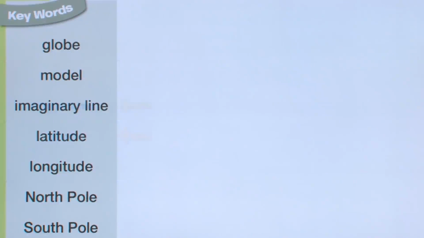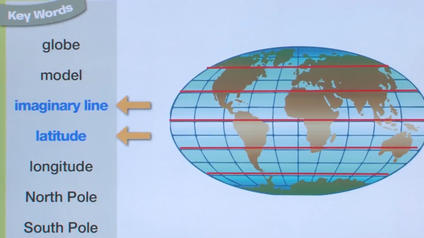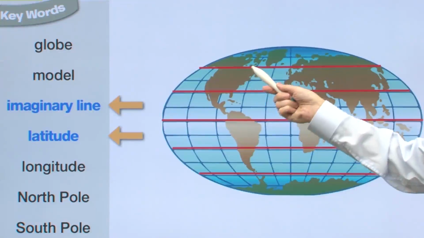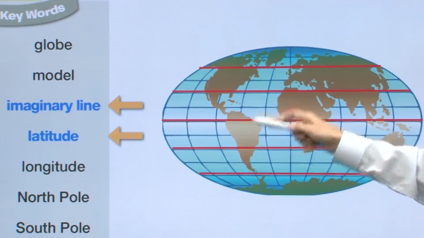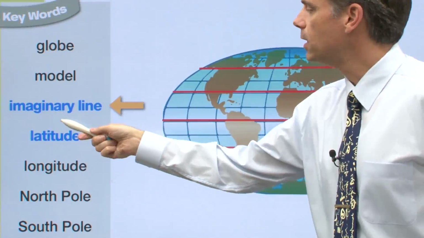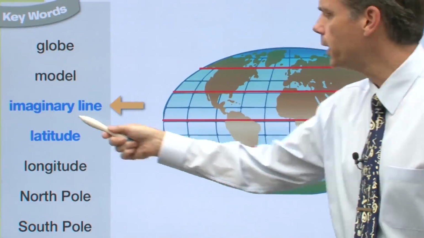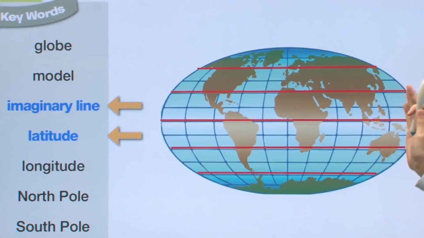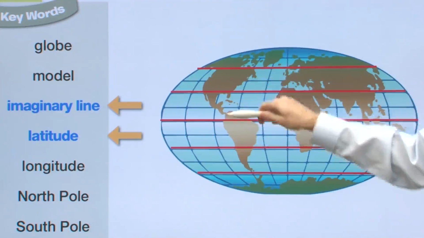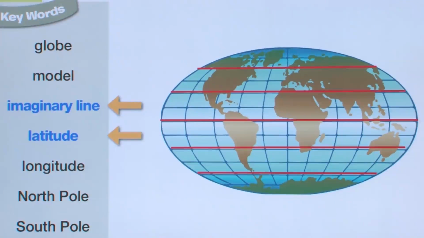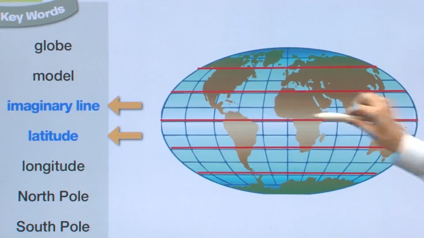Now, let's move on to the other keywords. Imaginary line. So line, you know a line. There's one line, two lines, three lines, and blue lines, many blue lines. Imaginary means not real. Not real, because here is a map of the Earth. The Earth does not have lines on it. There's no lines on the real Earth. Now these lines, they go horizontally.